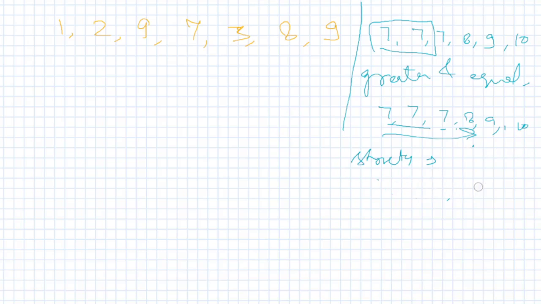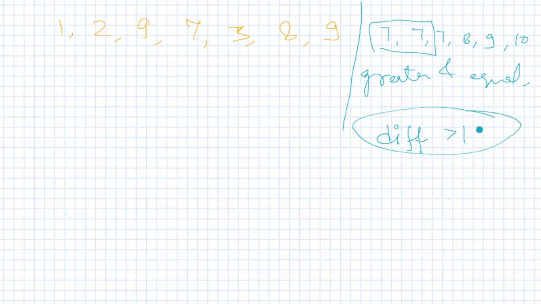Okay, so now we have an array and we need to find a strictly increasing subsequence. If you look at the array, you know what all elements shall come. Look here. Let's consider the first element.